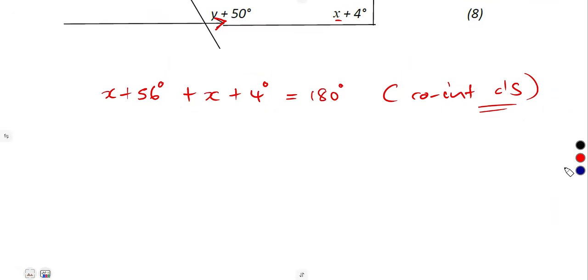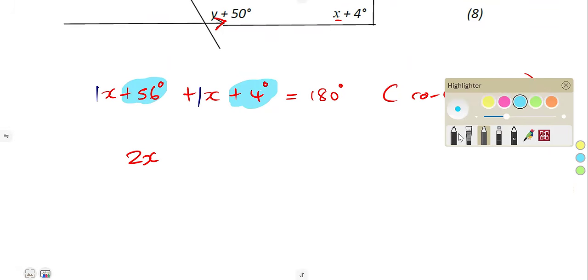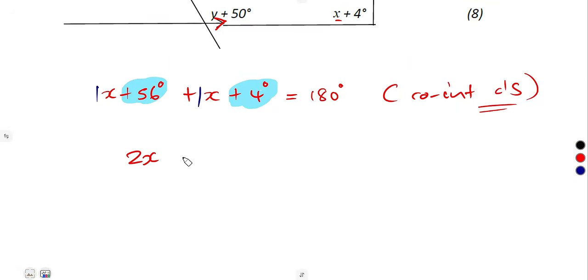So we've got an equation that needs to be solved for what? For x. X and x, we add these two, 1 plus 1, that's 2x. Then we move on to the numbers that we have, 56 plus 4, which is what? Which is 60. That is going to give us 60 degrees equal to 180 degrees, all right?